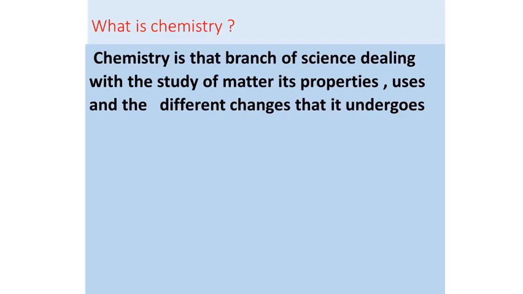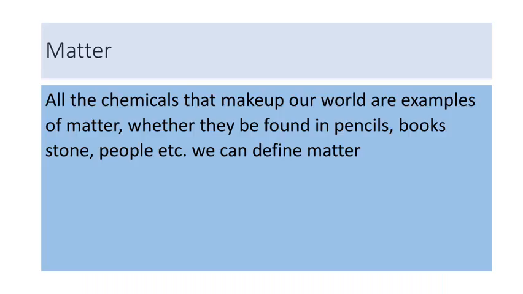Chemistry is that branch of science dealing with the study of matter, its properties, uses, and the different changes that it undergoes. Matter. All the chemicals that make up your world are examples of matter, whether they be found in pencils, books, stones, people, etc. We can define matter.